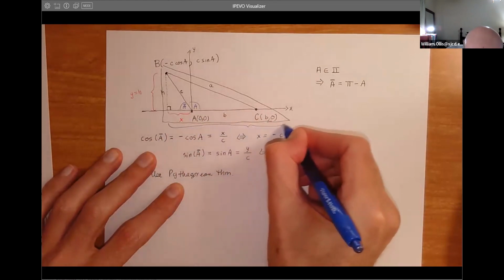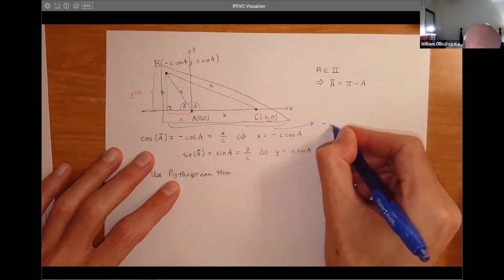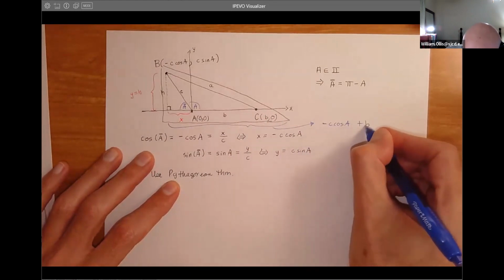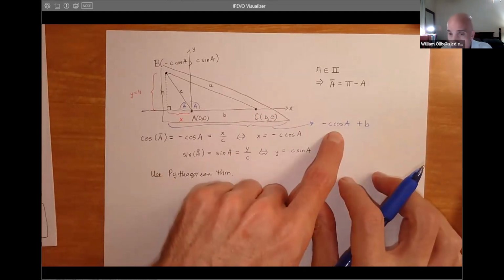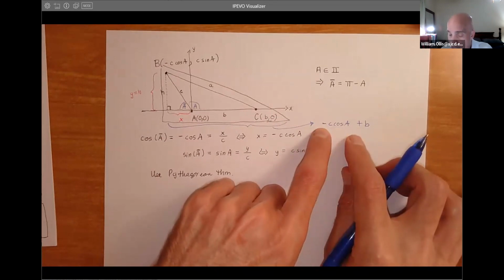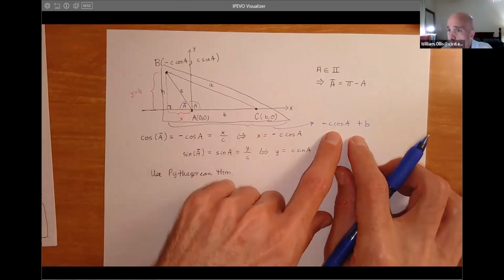So this is actually the negative of c cosine A plus B. Again, this is a positive quantity since cosine of A is less than 0. If we didn't have this sign here using the reference angle, then this would be incorrect.